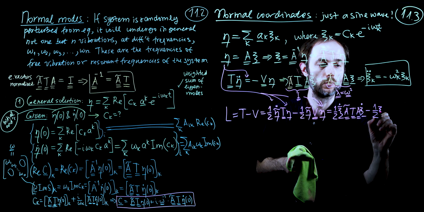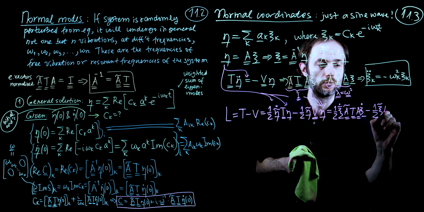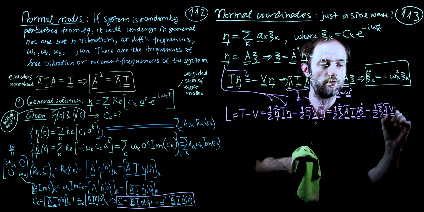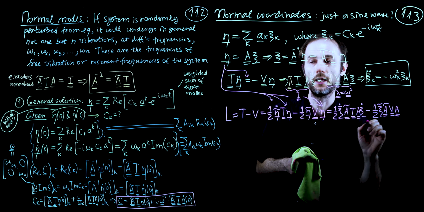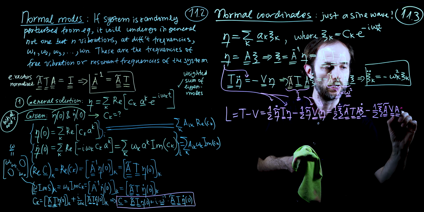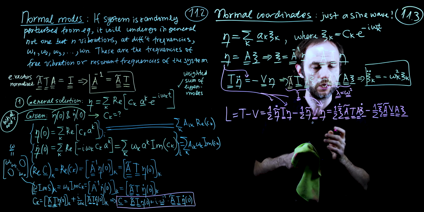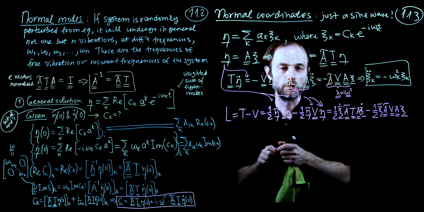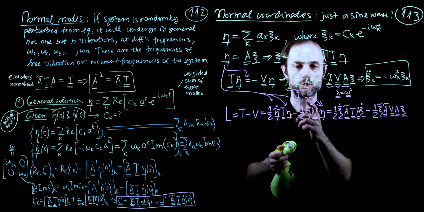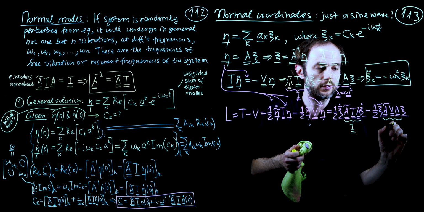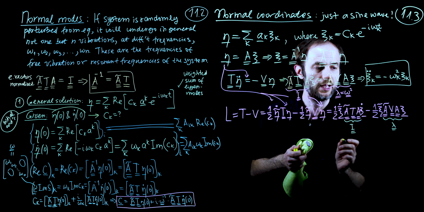So it means we're going to get psi transpose, A transpose, V times another A, times psi. And you can see an unmistakable emergence of exactly the same sort of things. This is I, and that is lambda.